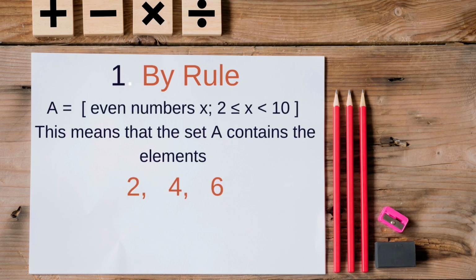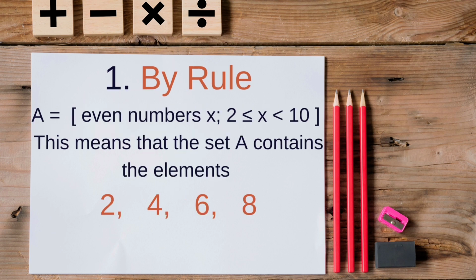And the very last element in this set will be 8. Notice we do not include 10 in this set because the inequality says x will be strictly less than 10.